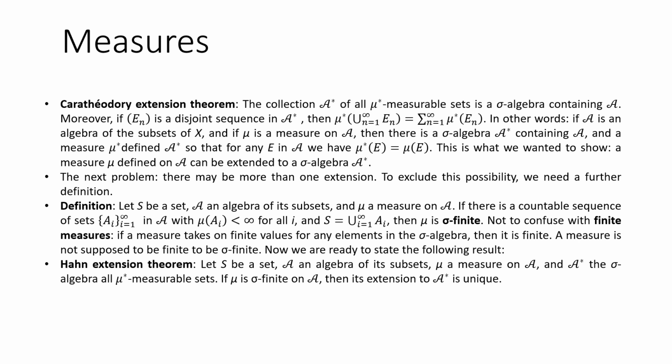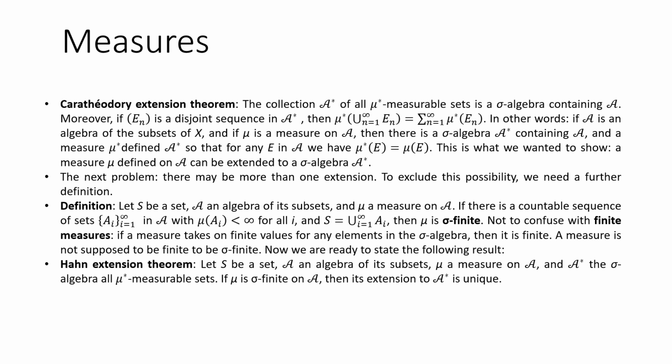This definition doesn't exclude the possibility that the measure is not finite. What it states is that there is a series of subsets, the union of which is the state space, and for which, for the subsets, the measure is finite.